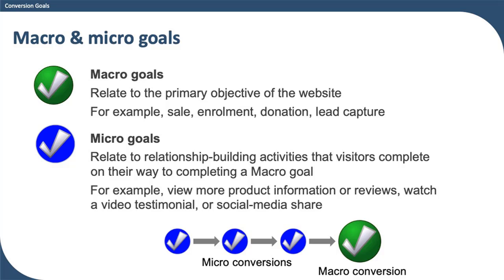You'll never see either term actually used within Google Analytics, but they're a helpful distinction when it comes to planning and reporting. And worth keeping in mind is that one site's macro goal might well be another's micro goal, and vice versa. It's very subjective according to each particular site.